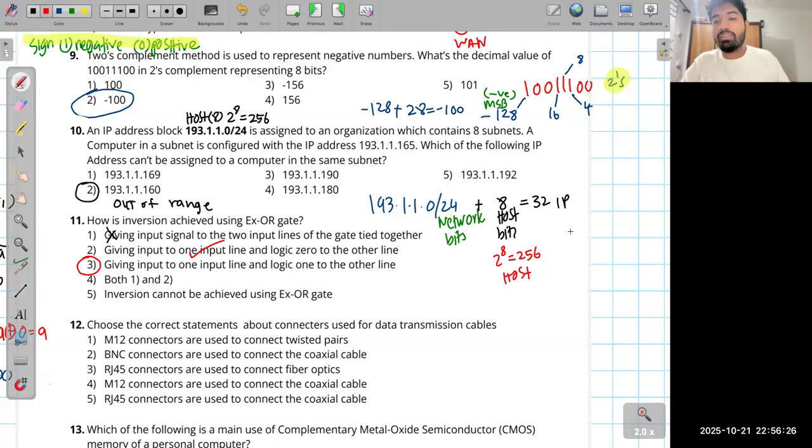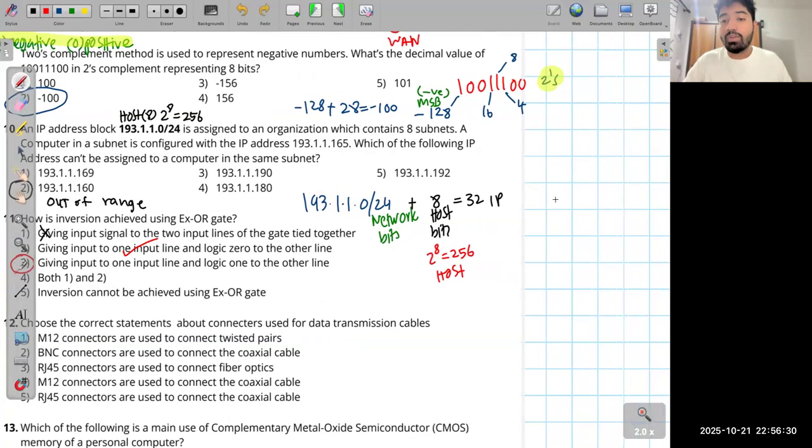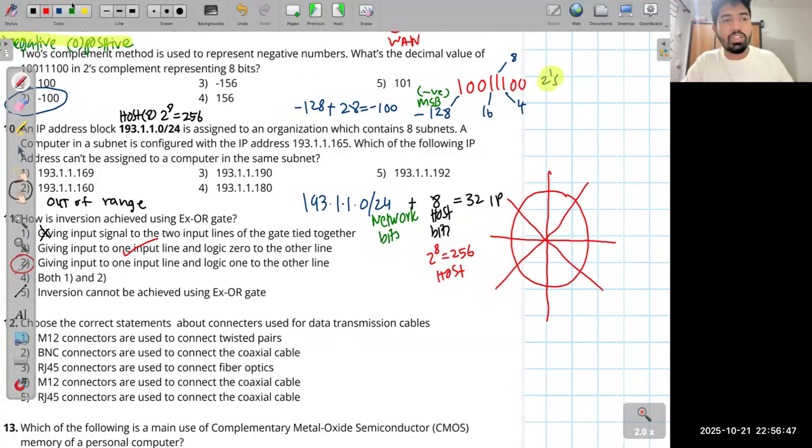Now if I divide 256 into 8 subnets: 256 divided by 2 is 128, divided by 4 is 64, divided into 8 is 32. So each will have 32. Did you understand?